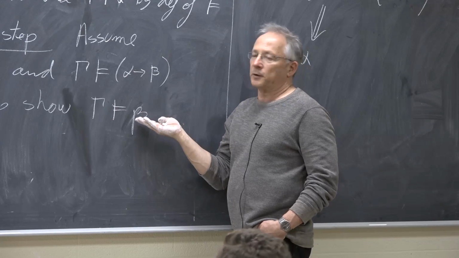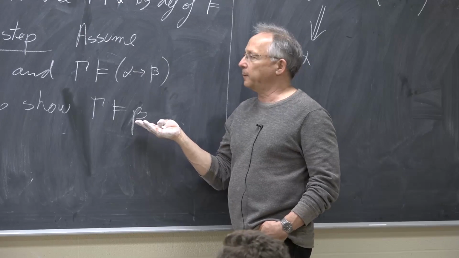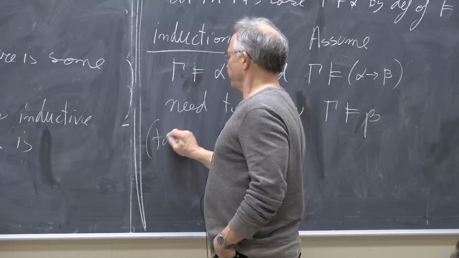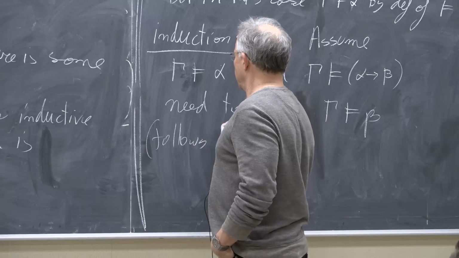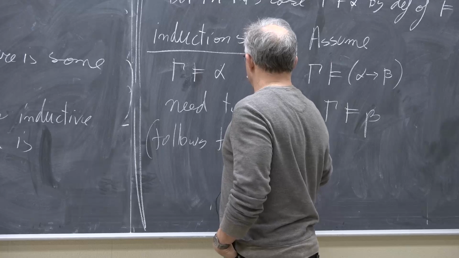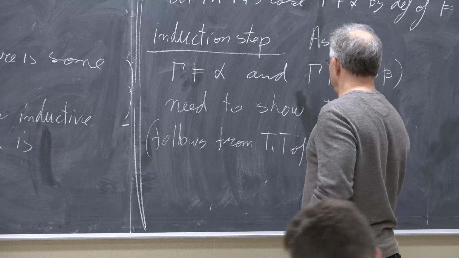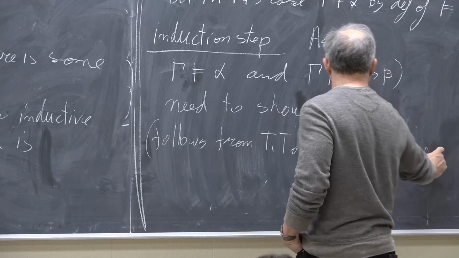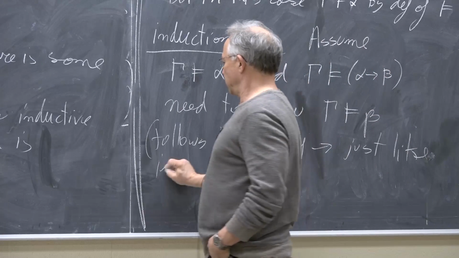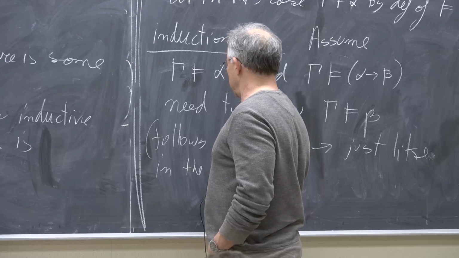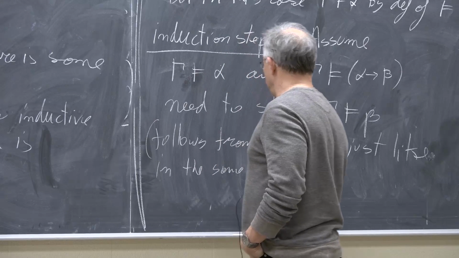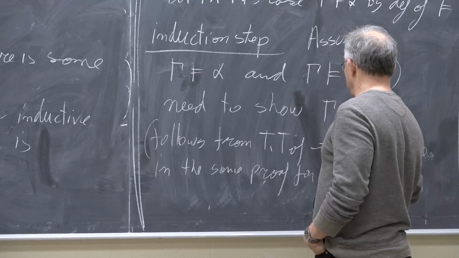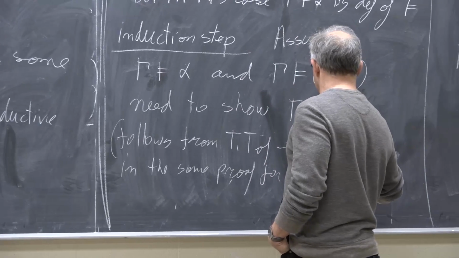So this just follows from the truth table of arrow, just like in the same proof for propositional logic.